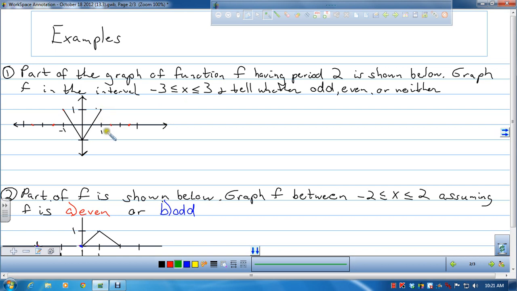So that means I need to continue this graph over to 3, and over to negative 3. If it's telling us that the period is 2, that means I see one period right here. So now I should just have to repeat this graph. I simply want to repeat what's already there.